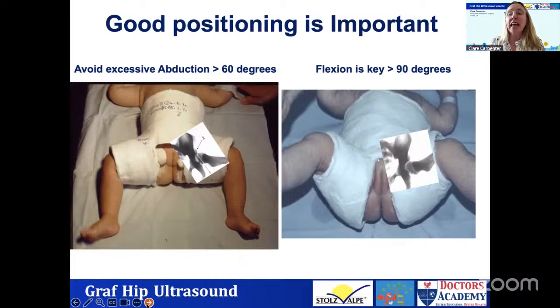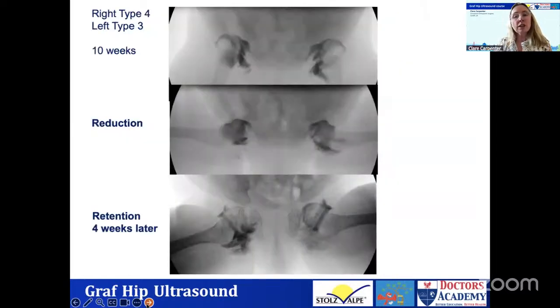It still has an element of abduction, but you certainly do not need to put it in the severe ranges of abduction as on the left. And we all know that within the literature, abduction over 60 degrees is associated with higher rates of proximal femoral growth disturbance. And this is just a nice series of arthrograms in a child who failed Pavlik harness treatment, showing very similar principles.